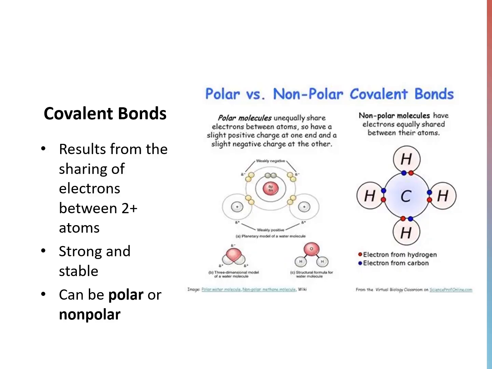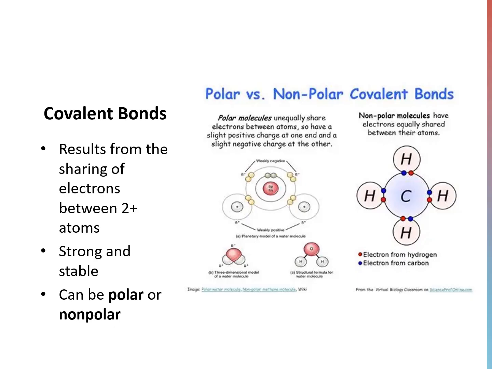So covalent bonds can be polar or nonpolar. Polarity is determined by whether the electrons are being shared equally or unequally. On the left, you see water. On the right, you see methane.